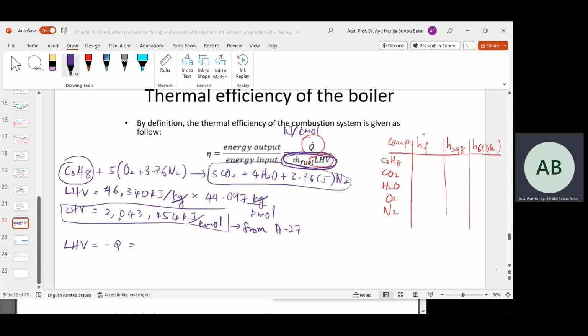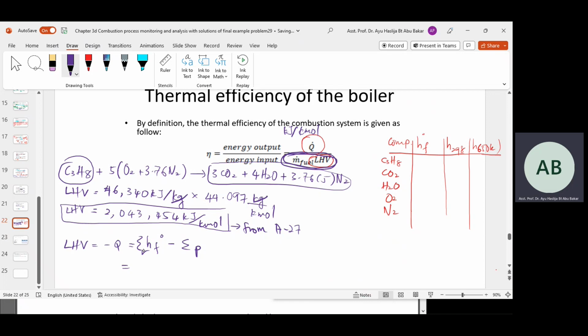So now the heat of formation of the fuel, reactant minus product. The reactant is the fuel, the propane.